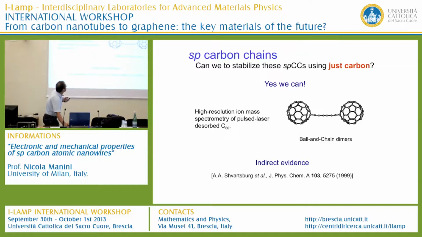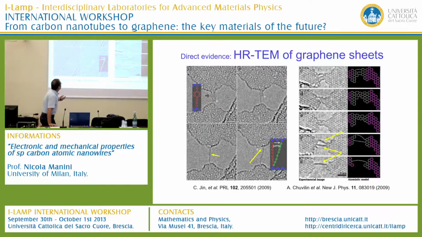However, this is a rather indirect evidence from mass spectrometry, but then later there came direct experiments with transmission electron microscopy, where graphene sheets were stretched, and as a result of this stretching, they got thinner and thinner under the electron microscope, until eventually leading to single carbon chains, monatomic carbon chains that under the electron flux could even perform some hoppings along the chain, along the graphene edge, as happens here.